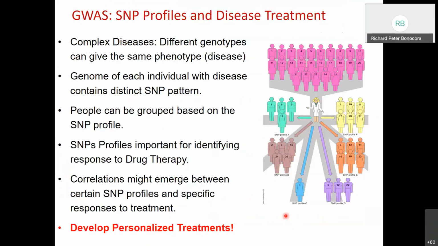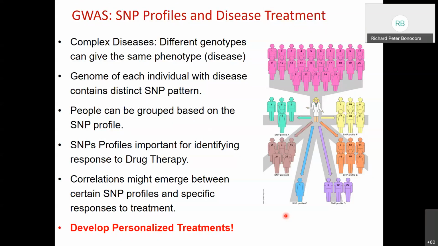All right, to sum up, my last slide is just to think about this technique, the things that can be done with it, and how powerful it really can be. With lots of diseases, you can have a certain disease, so it's considered a certain phenotype, but the underlying reasons for having that disease can be different. You can have a different genotype that gives the same disease.